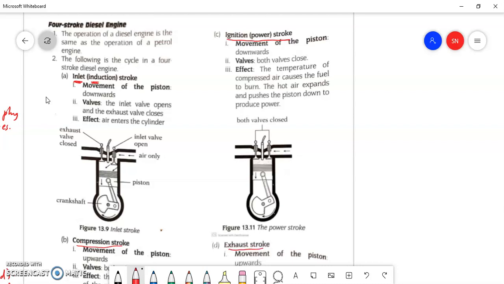As you can see, the stroke names are all the same, so easy to remember. Petrol engine and diesel engine have the same names for the strokes. In fact, the valves also will be the same.